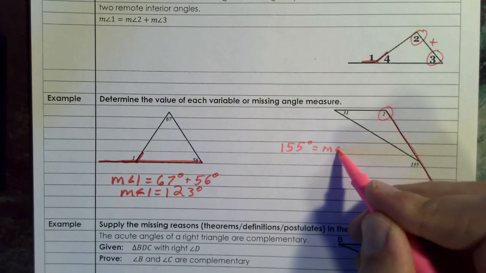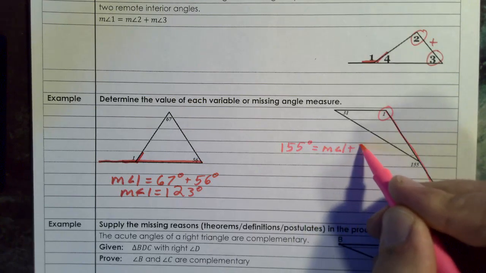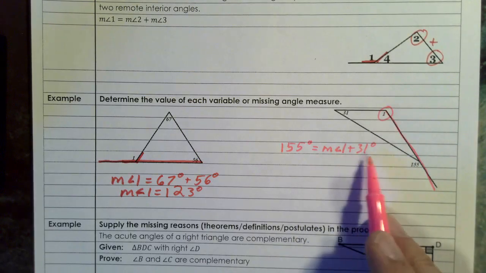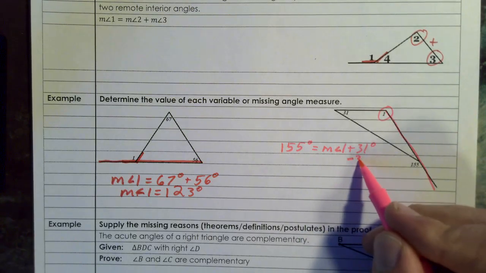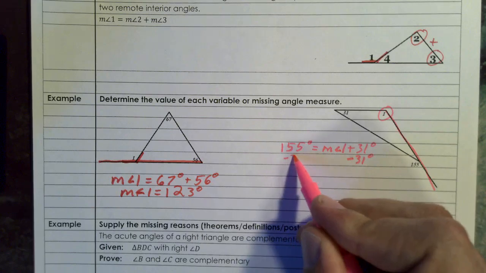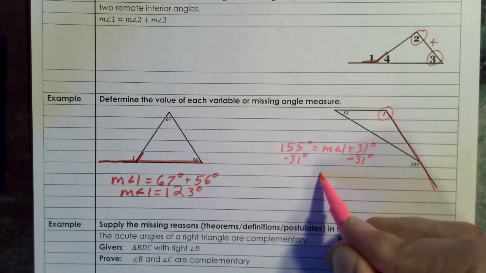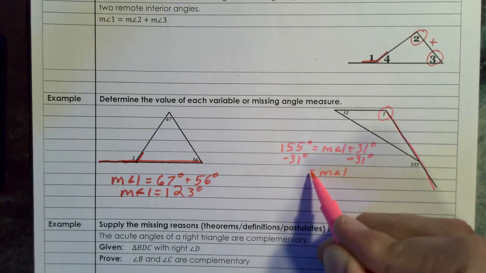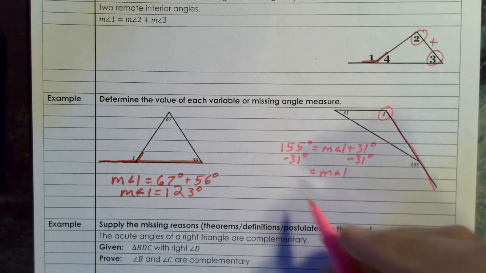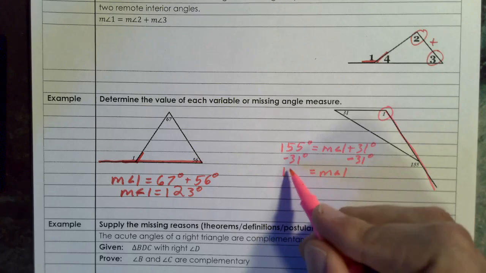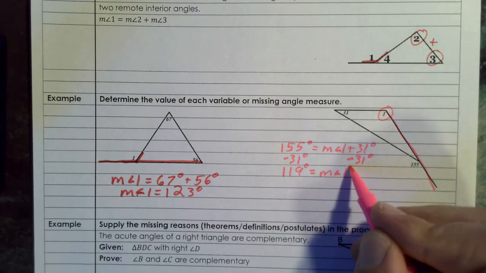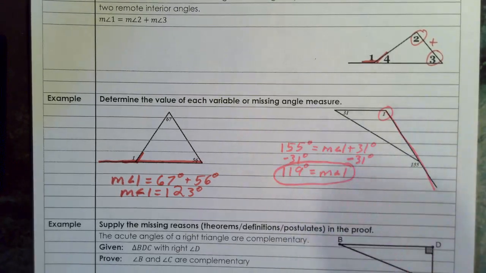That's going to be the measure of angle 1 plus 31 degrees. So I can find the measure of angle 1 by subtracting 31 degrees from both sides. The measure of angle 1 equals 119 degrees. And that's done.